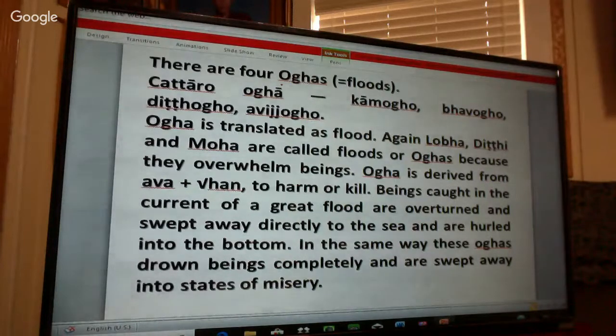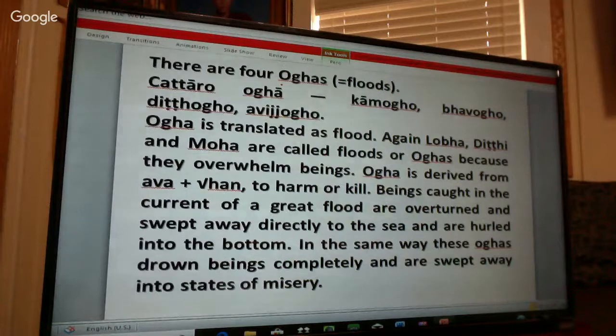Because different people have different views, the Buddha explained in different names and different ways to understand the Dhamma. Dhamma, reality, is the same. But the meaning of Oga is very, very meaningful.